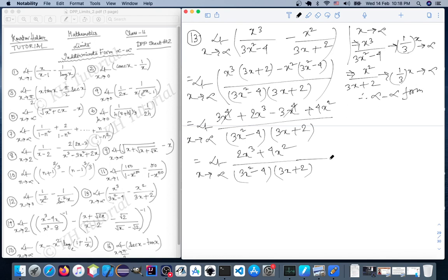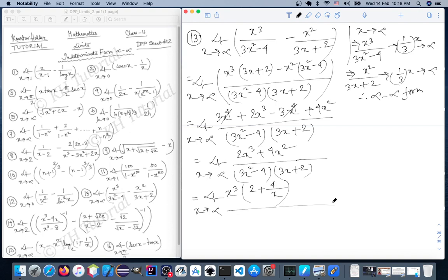Okay. So we take out the highest power of x from both the numerator and the denominator, and we get this in the numerator.